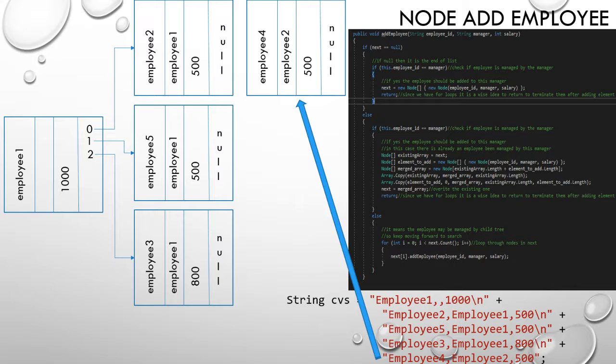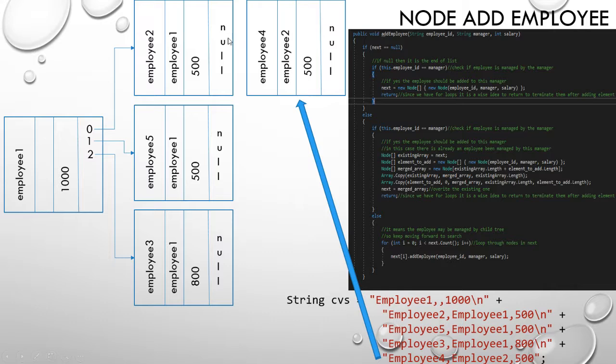After doing so, we are going again to go through, because as you can see over here we have an employee. So we are going to come again to this method of the same node to check if this employee is managed by this. So in this case, we pass our employee ID, which is 4, manager is employee 2, then salary is 500.